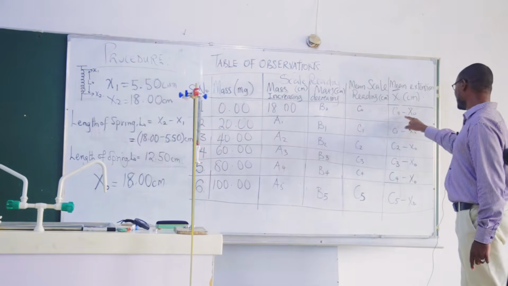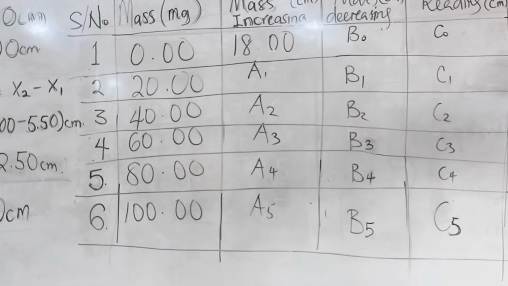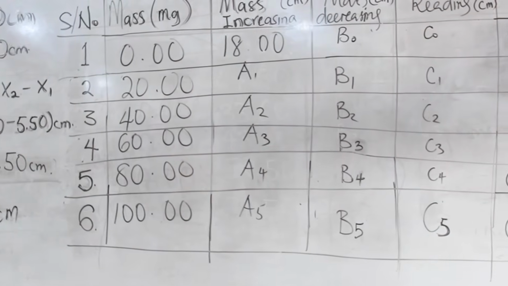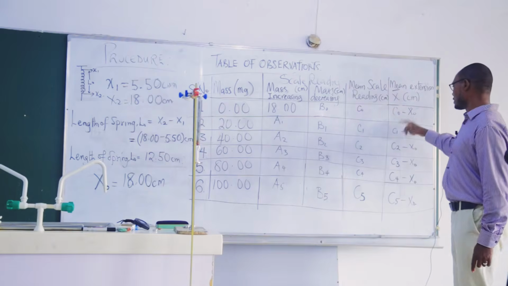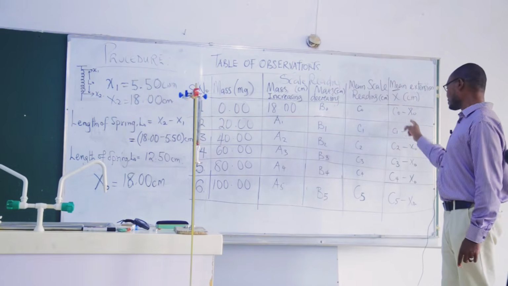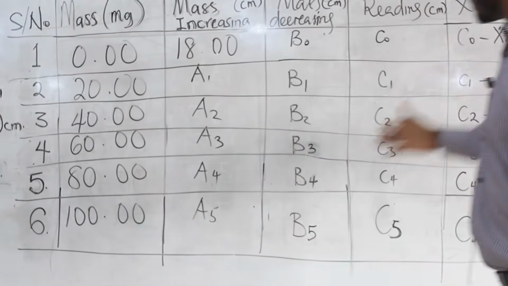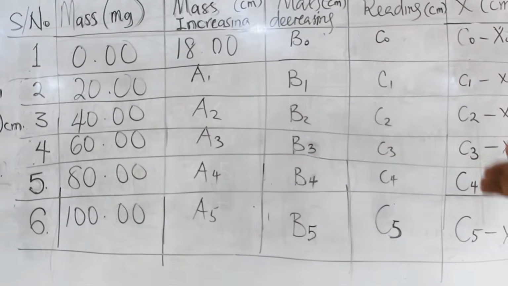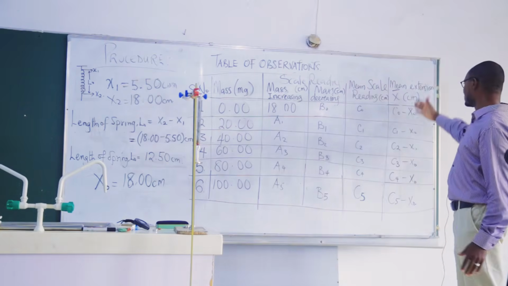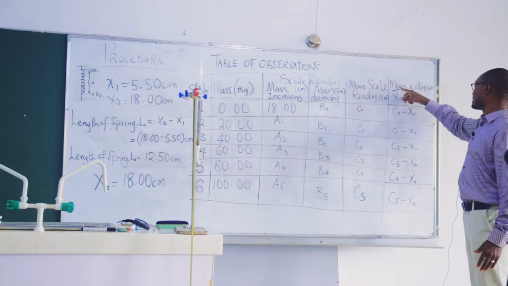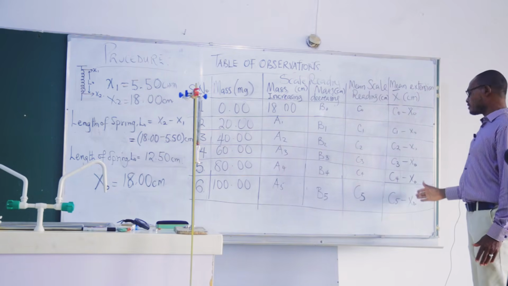That will give you C naught minus X naught, represented in centimeters there. Then come to the second one, C1 minus X naught. When you look at this column, X naught is constant because that is the reference point. So that is how we calculate the mean extension for the spring.